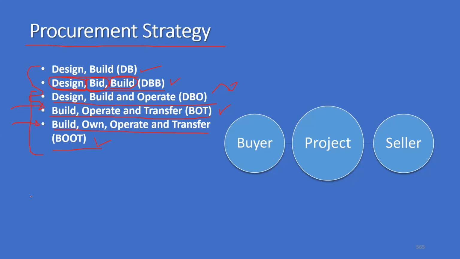If it is build, operate, and transfer, or build, own, operate, and transfer, it is very clear that there is another agency who does the design and its approval and does the independent estimate, so that when contractors submit their proposals, those proposals are evaluated against that independent estimate.